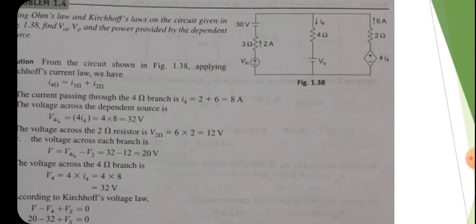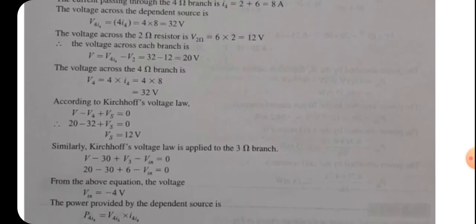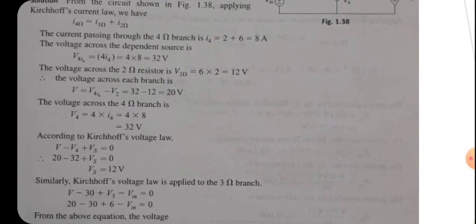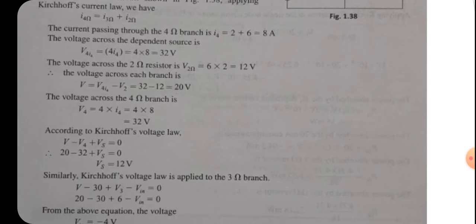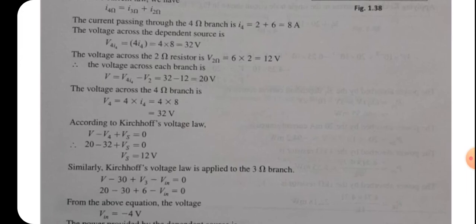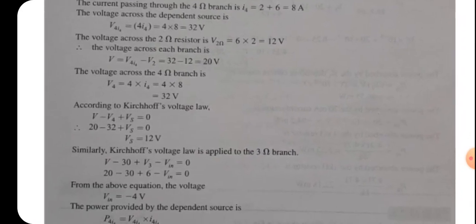When we are considering a direction from the outer branch to the 30 volt, then the expression will be V minus 30 plus 6 minus V in.